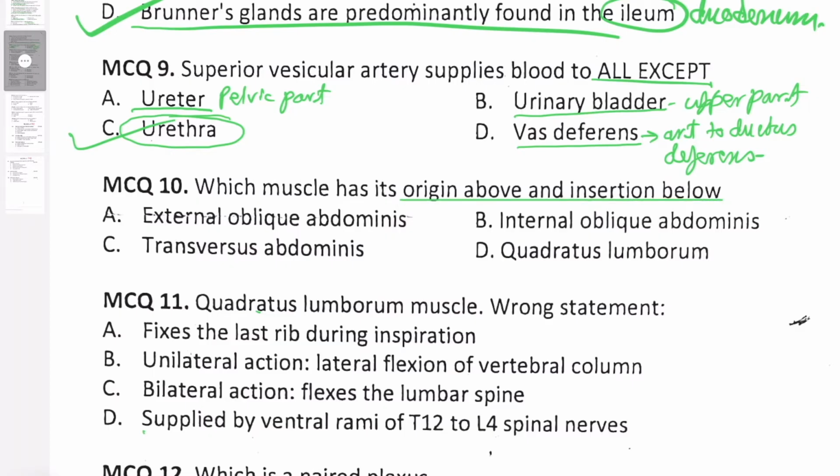So in the image I just drew, you have seen that external oblique abdominis is a muscle which arises from above, that means from the outer surface of the lower 8 ribs, and it descends down to insert on the iliac crest. So its origin is above and insertion is below. All the other muscles we've just seen in the diagram take origin from the iliac crest, so they have origin below and they will insert above onto the ribs or the vertebrae.